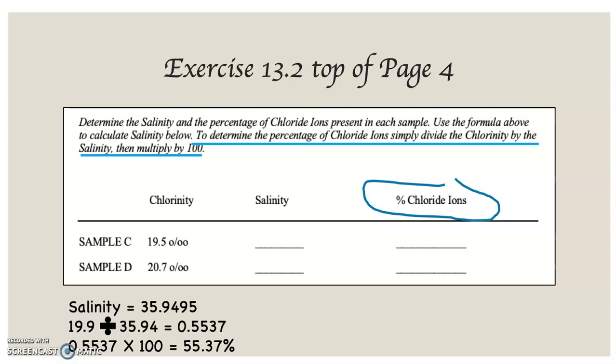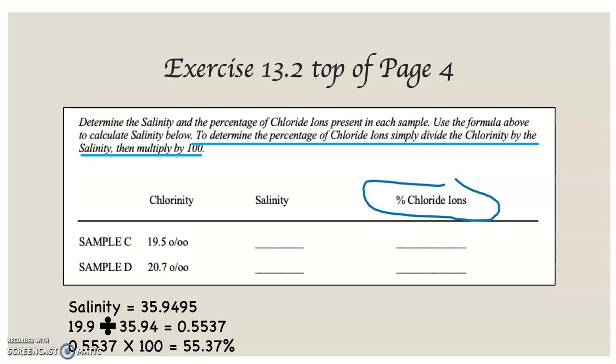To determine the percentage of chloride ions, simply divide the chlorinity, which is a given in sample C and D, and I told you before for our fake sample 2 is 19.9, by the salinity, which we just determined, and then multiply by 100. So we determined the salinity for our sample 2, our fake one, our practice one, is 35.9495 parts per thousand.